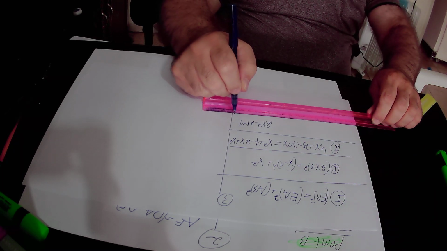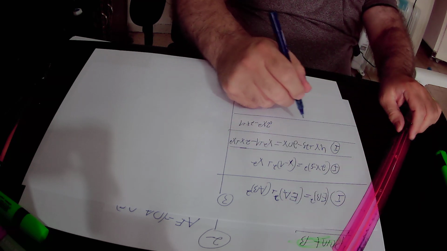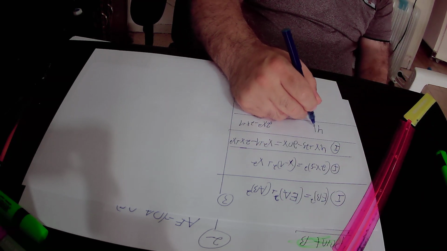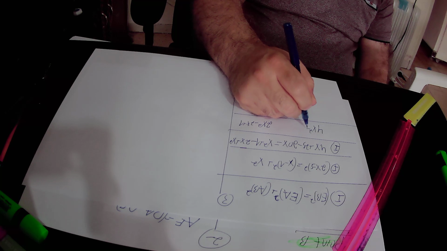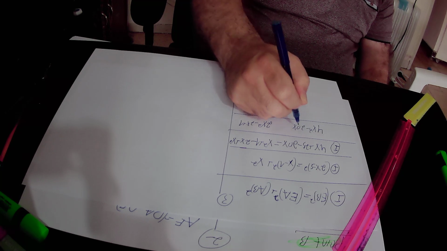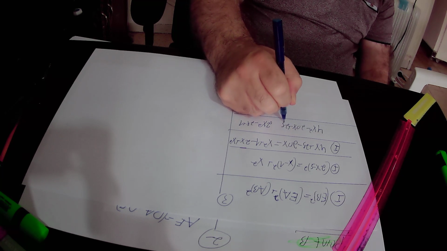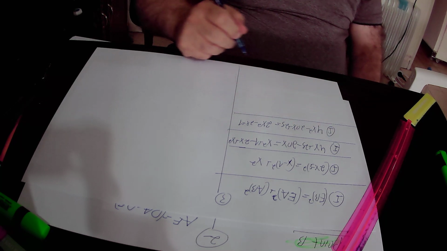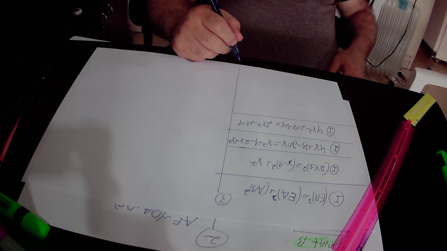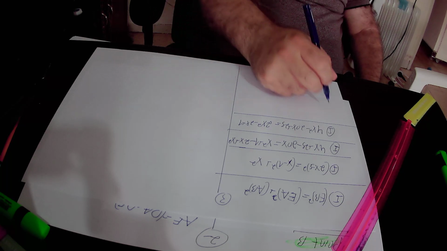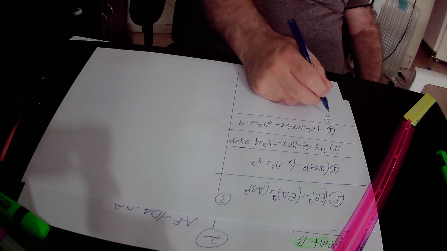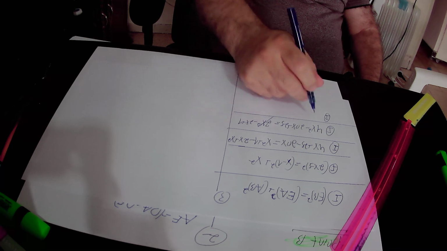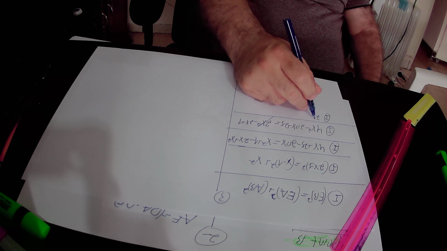That is equal to, on the other side of equation number 1, we have 4x squared minus 20x plus 25. So we subtract 2x squared from this equation. 2x squared minus 2x squared is 0. 4x squared minus 2x squared is 2x squared.